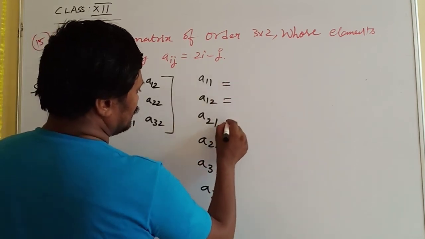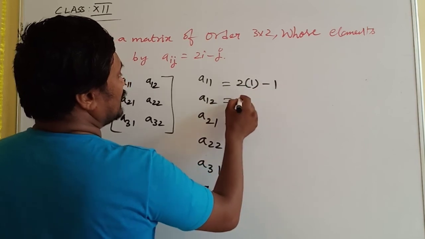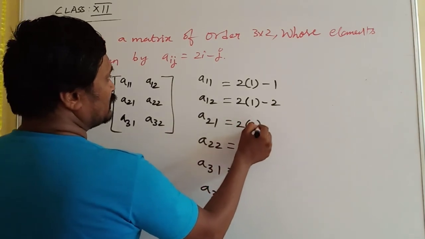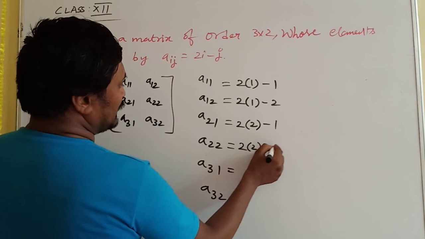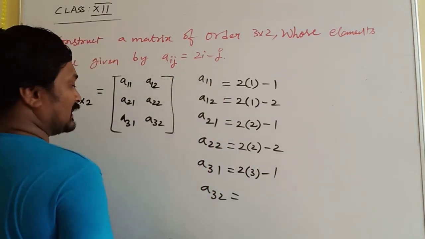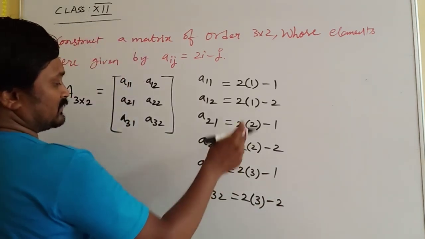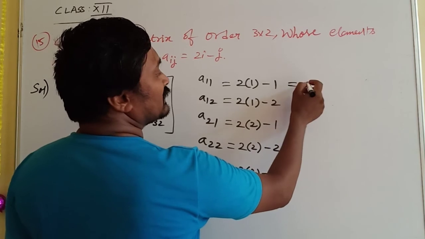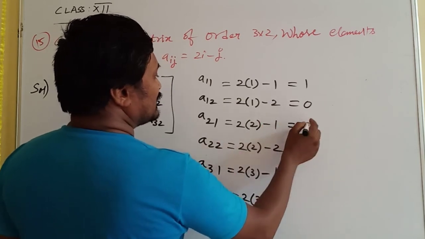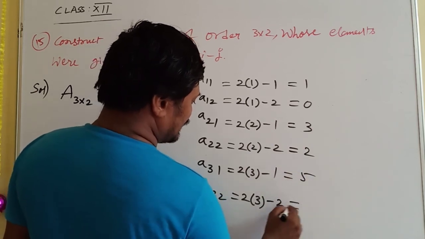Very simple, this all. 2 into i minus j: 2 into 1 minus 1, 2 into 1 minus 2, 2 into 2 minus 1, 2 into 2 minus 2, 2 into 3 minus 1, 2 into 3 minus 2, substituting the values of i and j. So 2 ones are 2, 2 minus 1 is 1, 2 minus 2 is 0, 4 minus 1 is 3, 4 minus 2 is 2, 6 minus 1 is 5, 6 minus 2 is 4.